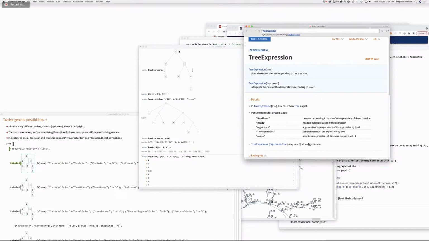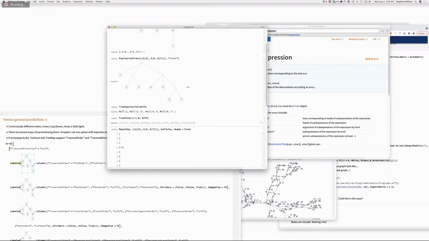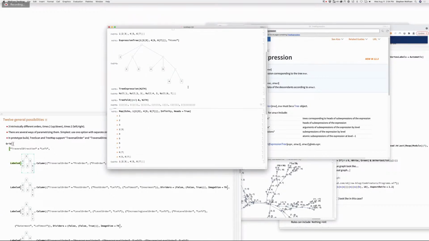What I'm trying to show is that map has a traversal order. Right. Richard on our live stream points out, yeah, so map does a post order traversal.